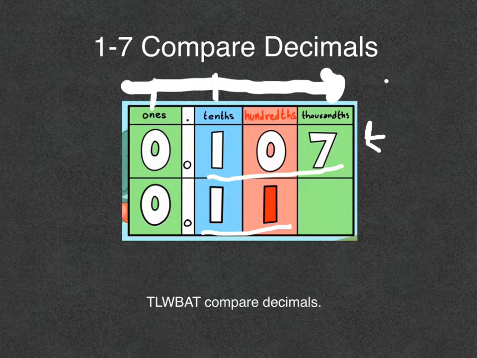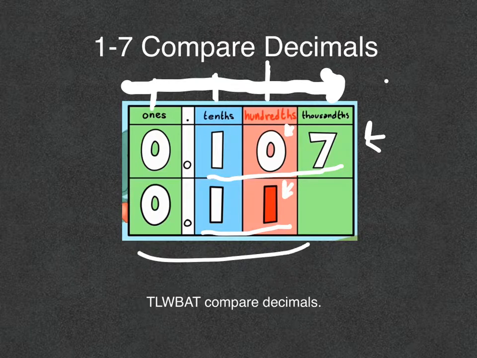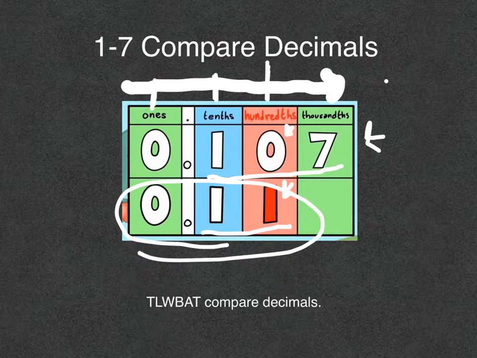If we go to the tenths, they're both 1. If we go to the hundredths, this one has a 0. This one has a 1. So actually 11 hundredths is the bigger number, which really goes against what our natural instincts might be. So that's why we really need to make sure we're lining things up so we can compare our numbers. Let's do some examples.